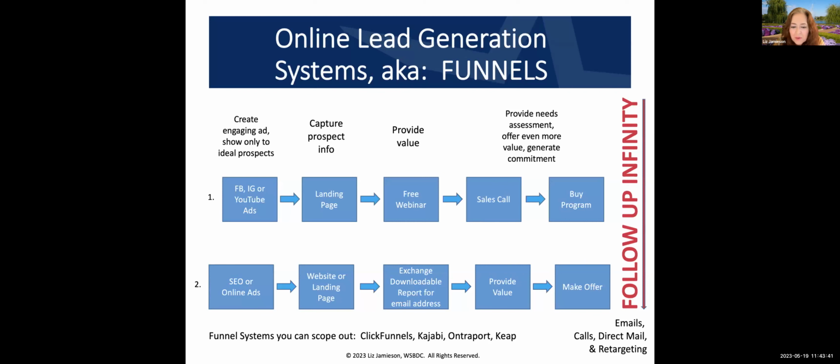Some of the people who come to my free webinar are going to schedule a one-on-one sales call with me, let's say. And then out of that, some of those are going to buy whatever program I'm selling. So this sequence works really well if you have a high ticket item. If you have a lower ticket item, you don't have to build as much trust and rapport and expert credibility, right, to have a sale occur.